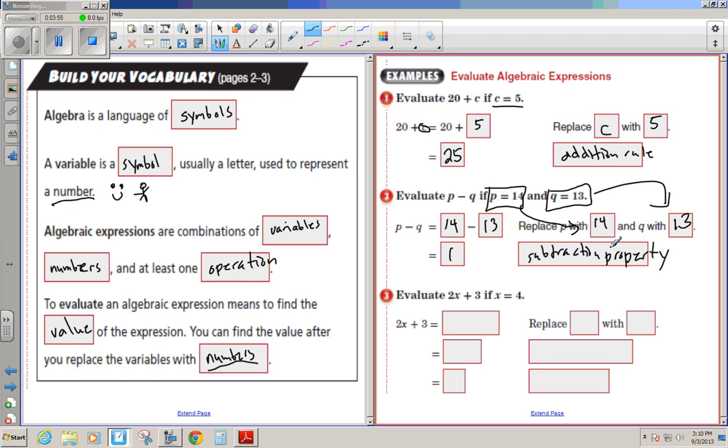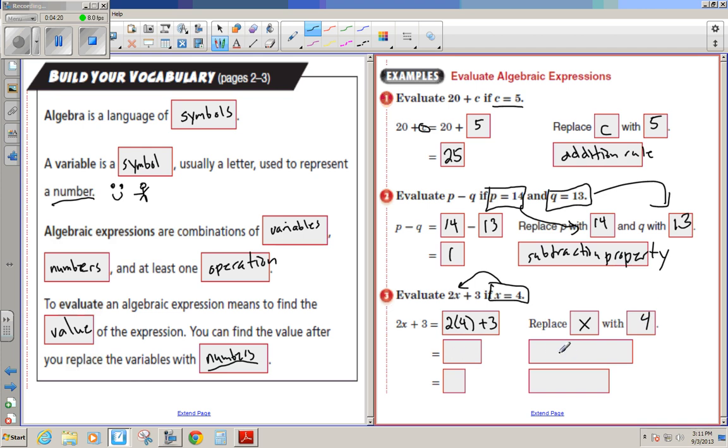All right. Now it's going to involve multiplication with addition and subtraction. X is 4. X will always be 4. So take the 4, put it in for X. 2 times 4 plus 3. We replaced X with 4.